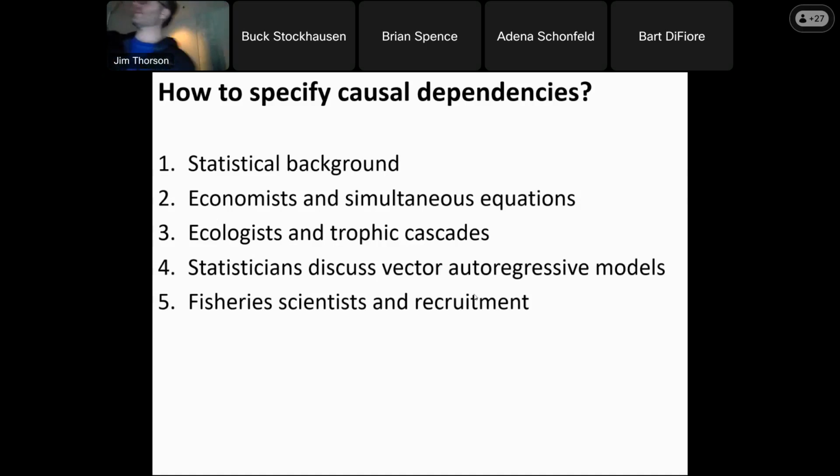But economists have tons of books about causal analysis, and they often talk about simultaneous equations, instrumental variables and identification criteria. Ecologists have well-known things like trophic cascades that we'll talk about. Statisticians have vector autoregressive models, and these are all different submodels that you can get from a time series extension of SEM.